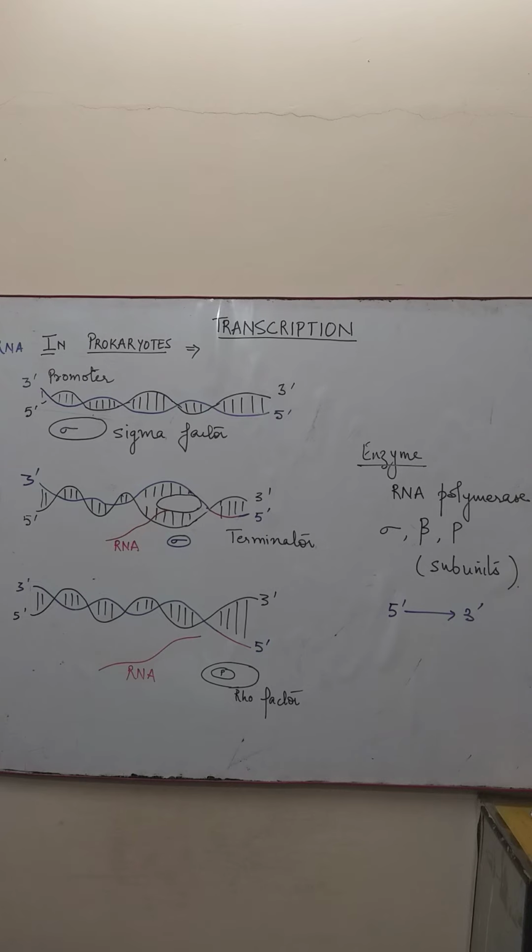So keeping this in mind, let us now understand how the process of transcription is achieved in the case of prokaryotes. The first step is the initiation step. In the initiation step, the RNA polymerase enzyme binds to the promoter site.